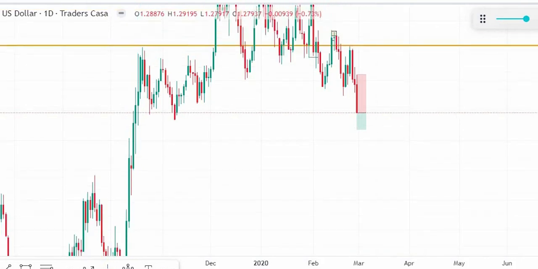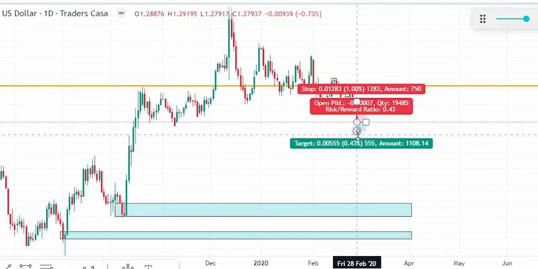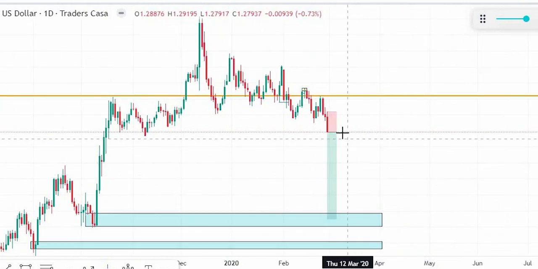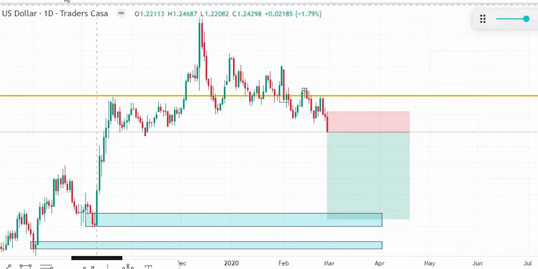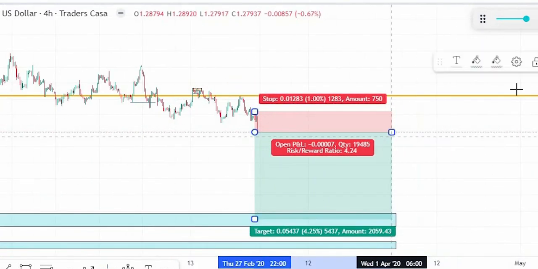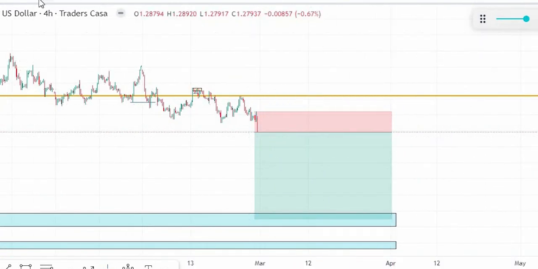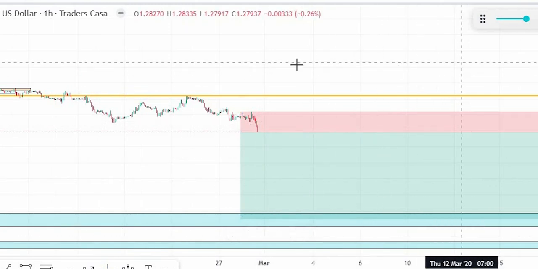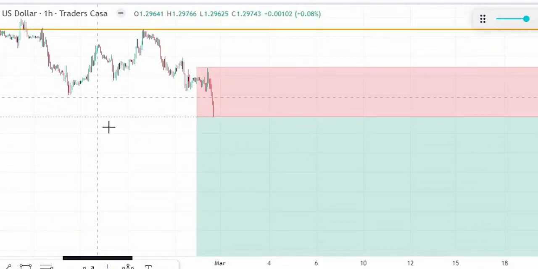Then we can decide to put our take profit in this zone, giving us a 4:2. That means we'll be making 4 times the money we are risking. So let's play the market to see. Let's go back to the 1 hour time frame for a confirmation, which is a change of character or a valid break of structure.